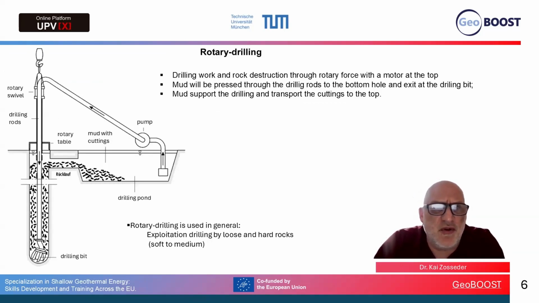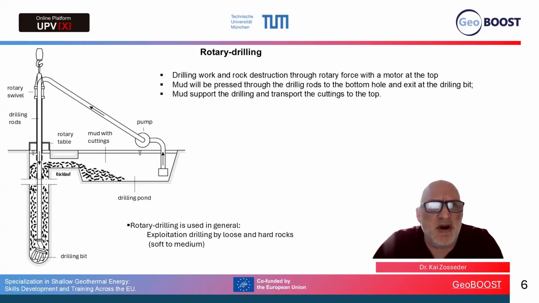Of course, first of all, you have to drill. There are different drilling methodologies, and they are linked to the geology and the depth of drilling in general. So you have to choose the right drilling technique for the specific conditions. This is rotary drilling. It's drilling work and rock destruction through rotary force with the motor at the top.